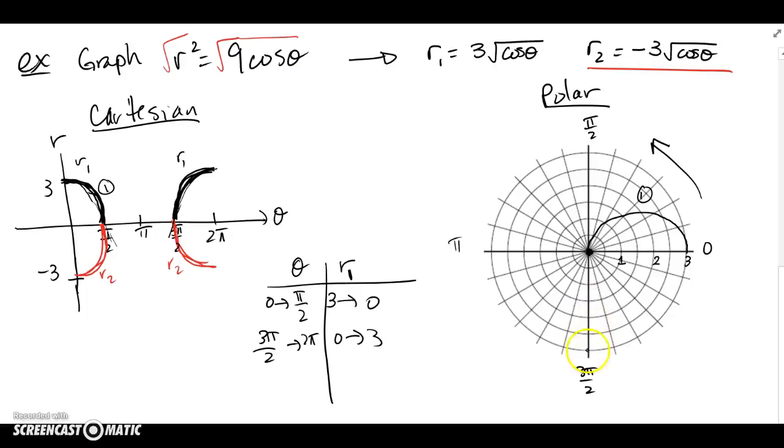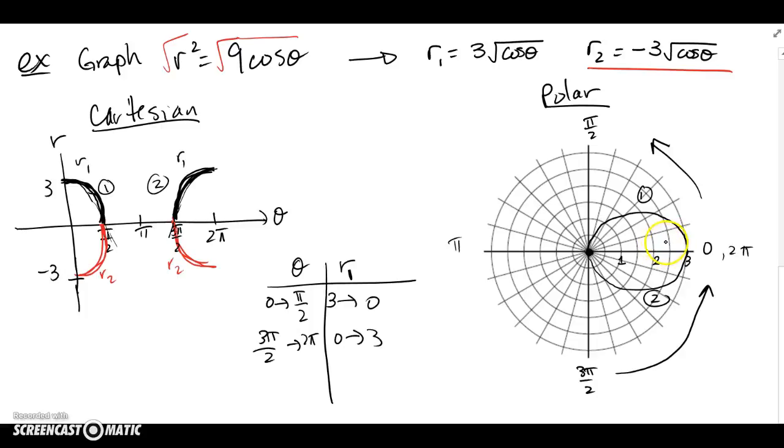So at 3 pi over 2 the r value was 0, and as I sweep to 2 pi, the r value increases and goes to 3. So that's my second piece. R1 pieces give me stuff on the right side.